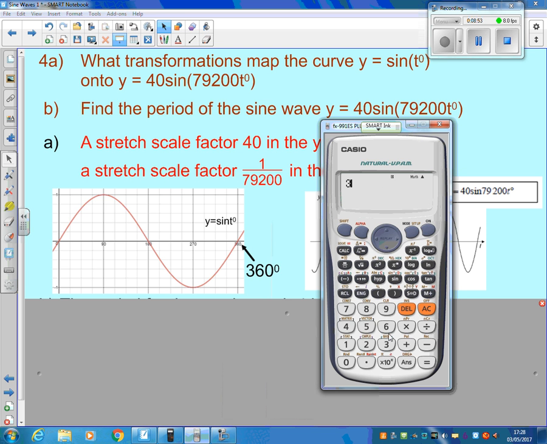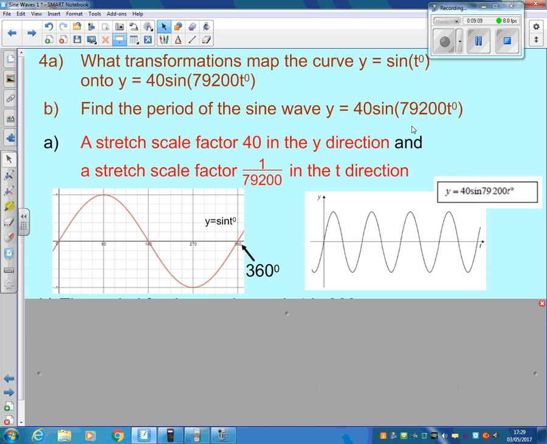Now you can do that on your calculator. You can say 360 multiplied by, and then if I want to, I can do it as a fraction, 1 over 79200 equals, and I get 1 over 220.